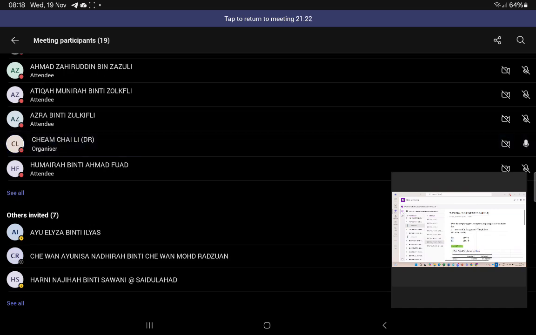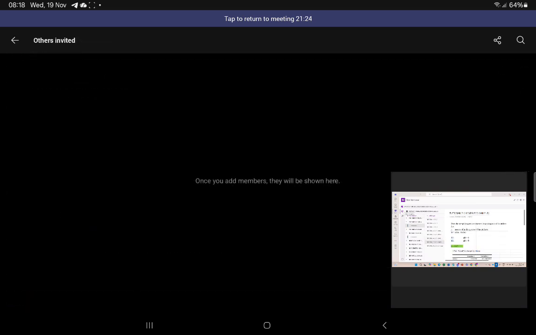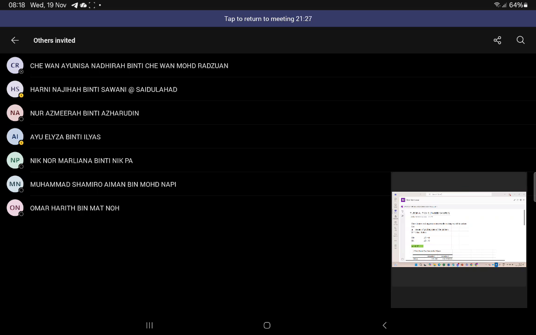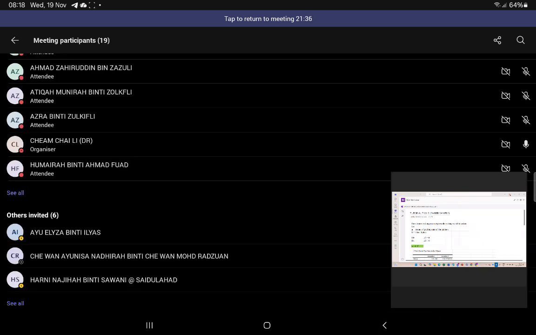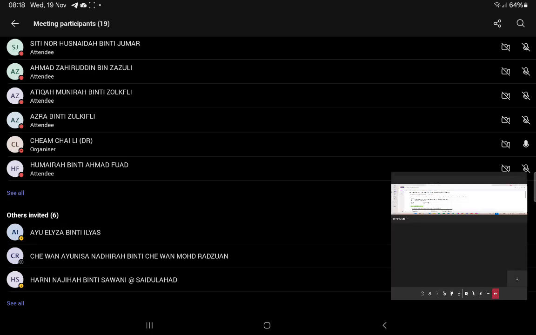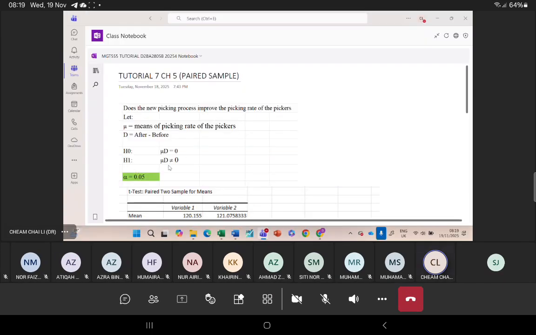Paired sample. Oh, okay. Yeah. For a question like this, as I said before, you definitely do not put the equal sign in the alternative hypothesis, right? Because this one doesn't ask about whether the picking rate before and after is different.